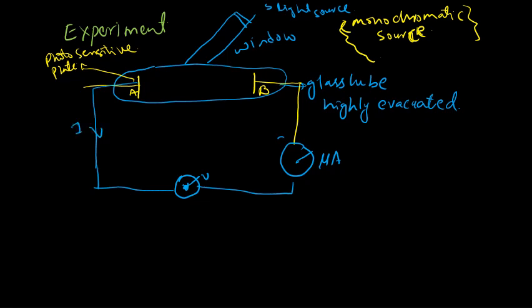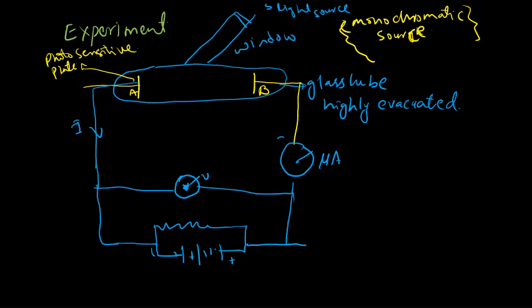Here it represents the flow of current in the circuit, and both plates are connected with a variable voltage source. So this is the experimental setup.